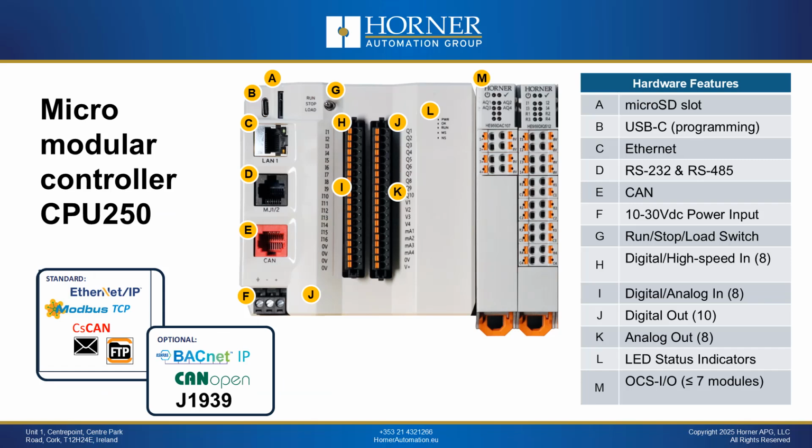We have been focusing a lot on the CPU250 for a good reason. It has lots of great connectivity with Ethernet and serial ports, and CAN ports, supports all those great protocols that you see in the lower left, has all kinds of capabilities including, as we have already mentioned, the ability to add OCS I/O modules on the side directly to add additional I/O.